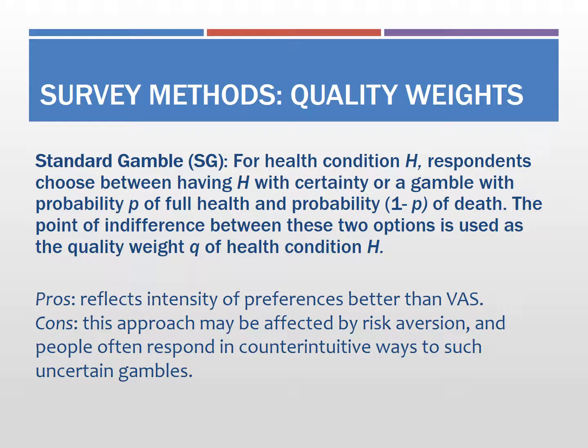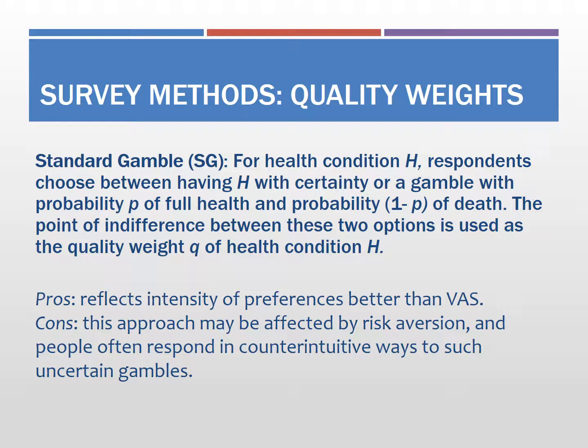The pro of this type of survey is that it reflects the intensity of preference better than the VAS. However, the con of this approach is that it might be influenced by the level of risk aversion of the patients. People with a higher level of risk aversion may choose the certain outcome, to be at a lower level of health.